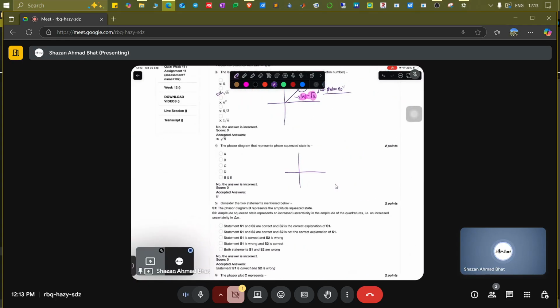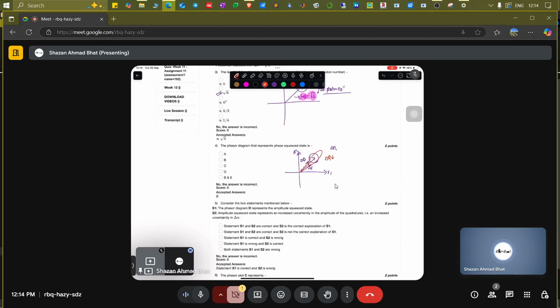If you have a quadrature x2, this is x1, and let's say this was a coherent state earlier, this is the phasor, this is square root of n, and the uncertainty in photon number is delta n. Then this is the uncertainty in phase, delta phi. But what happens if you want to reduce the uncertainty in phase? Then you make it something like this, so that you reduce the overall spread of the phases. So you reduce the uncertainty in phase.